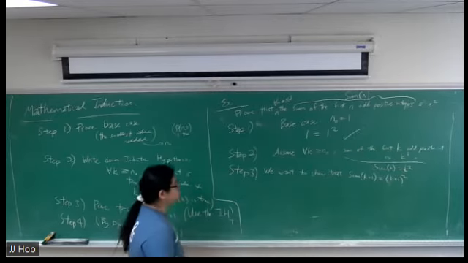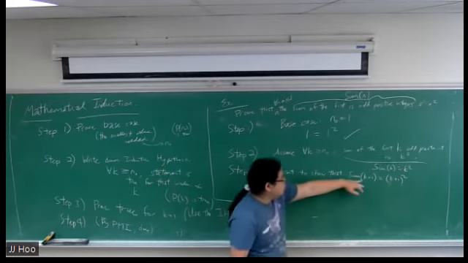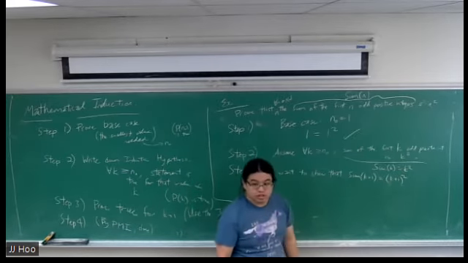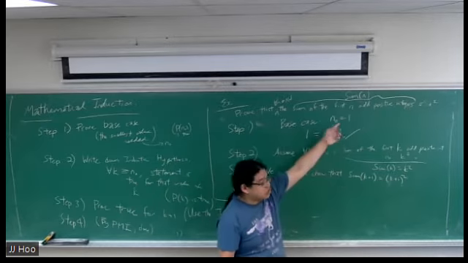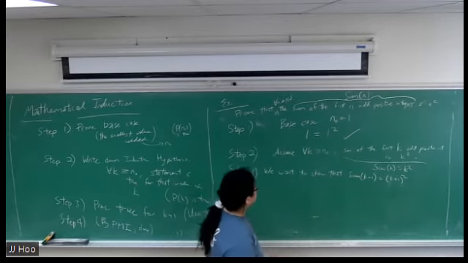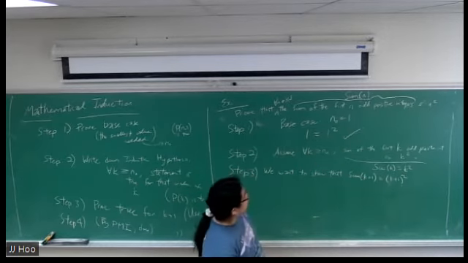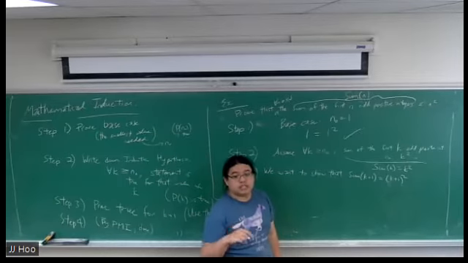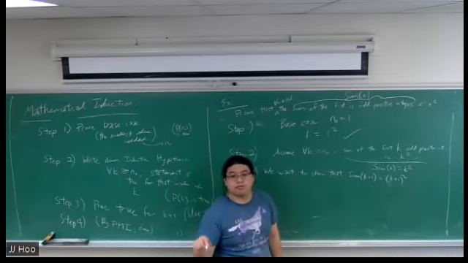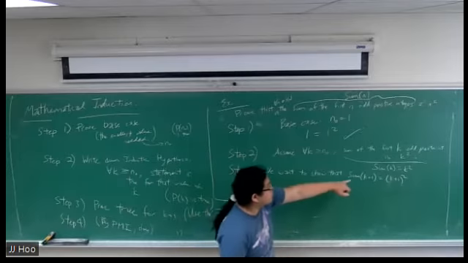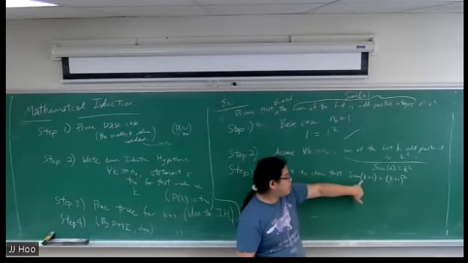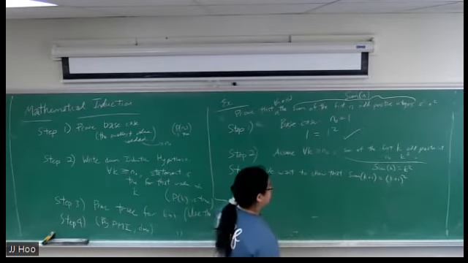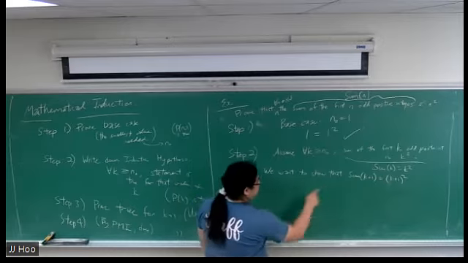So let's see what this means, right? We start on the left. What is the sum of the first k plus 1 odd integers? That's just what it is, right? But how else can we rewrite it? Well, you want to ask yourself, what do we know? The inductive hypothesis tells us we know something about the first k integers. I know something about sum k. So let me write this in terms of sum k, right? So what is this?